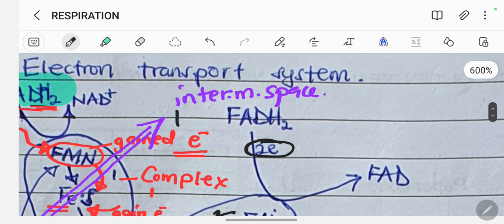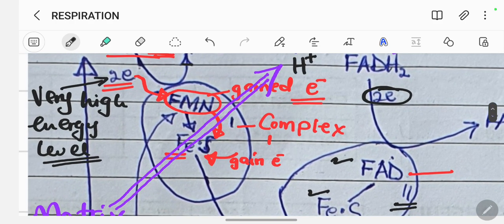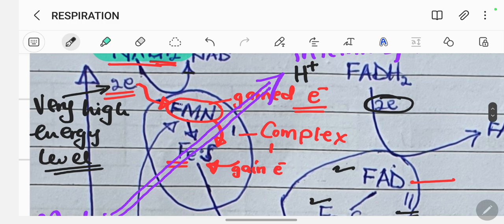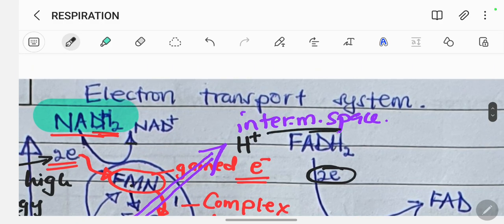But these hydrogens are going to be pumped depending on this energy that is being tapped off. So as electrons are moving from FAD to our iron sulfur protein, that energy they are carrying is going to be picked up and used to pump hydrogen from the mitochondrial matrix to the intermembrane space.